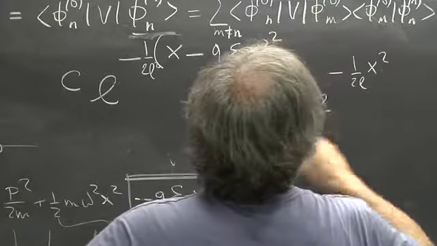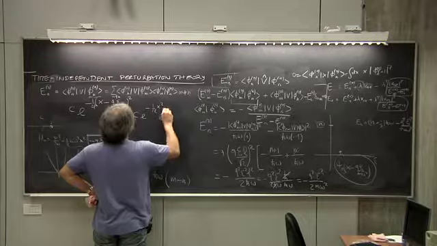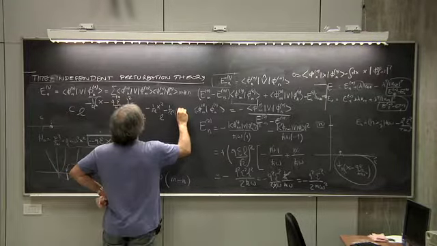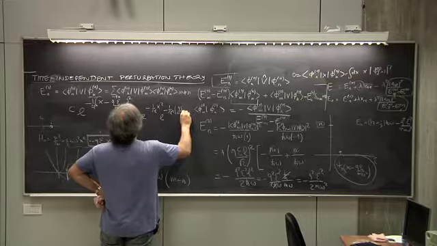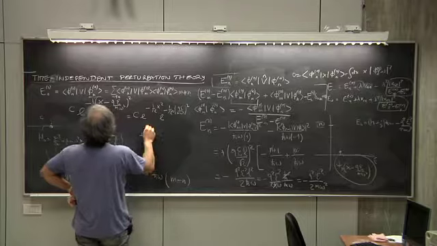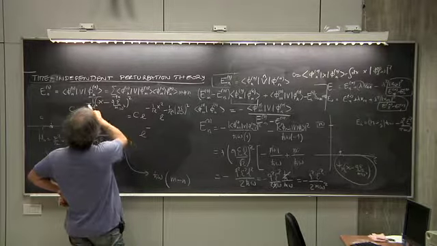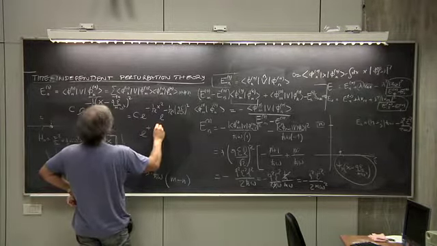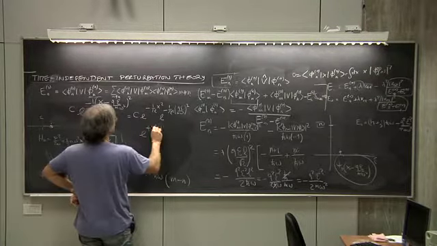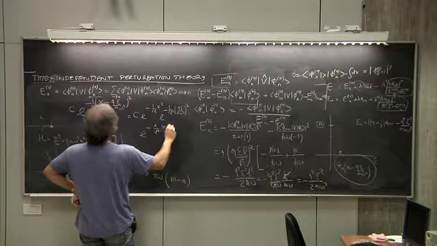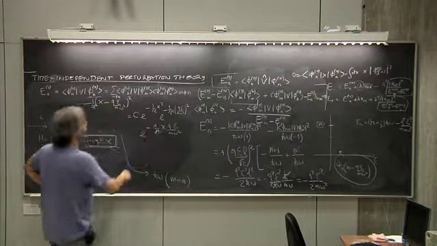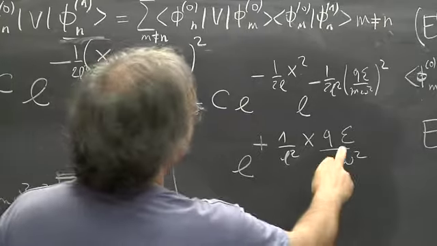Then there is a constant term, e to the minus 1 over 2L² times the square of this. And then I have a term that is e to the minus, but there is a minus and minus, so e to the plus, what? The 2 and the 2 cancel, so 1 over L² times x qε over mω². This is still exact.